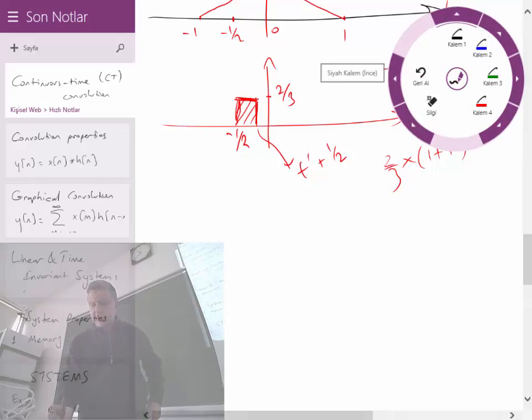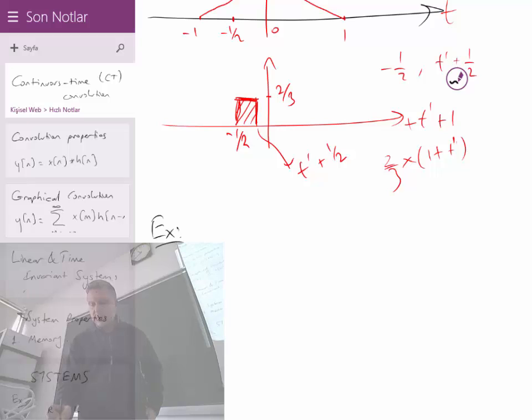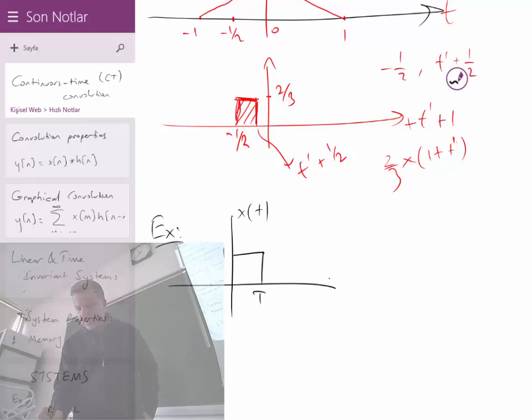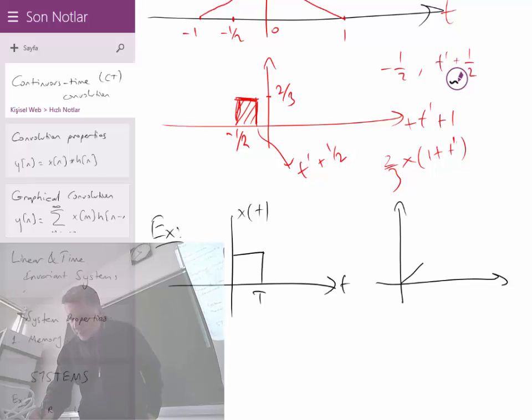In the next question, let's start thinking about the convolution of this box up to T with a value 1 starting from 0. This is x of t, and the impulse response is given as this, up to 2T.